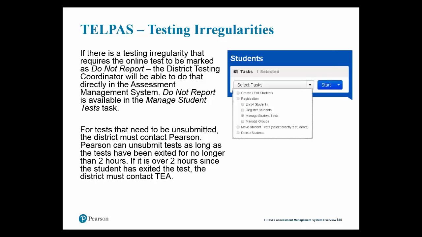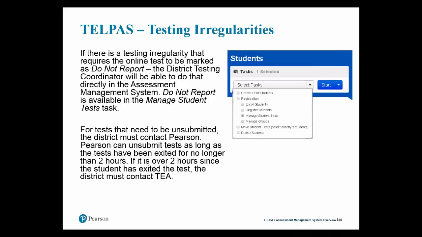And if you have a test that has to be unsubmitted, you'll want to make sure to contact Pearson. So that would be a situation where a student may have accidentally or inadvertently submitted their test, but they did not actually complete their test. So you want to make sure to contact Pearson as soon as that happens, so that way Pearson can unsubmit your test and the student can log back in and finish their test.